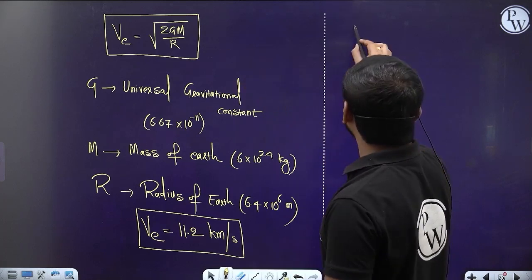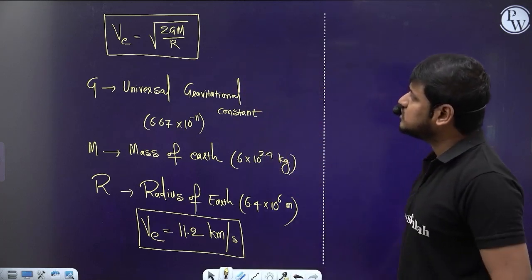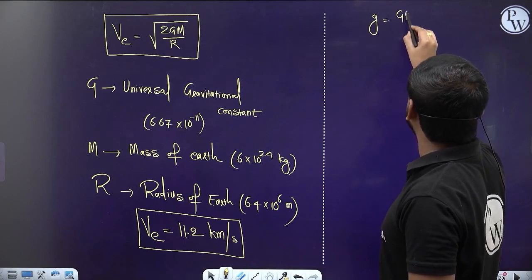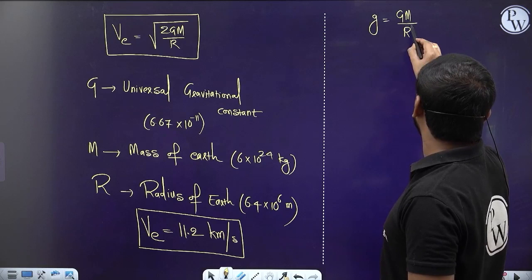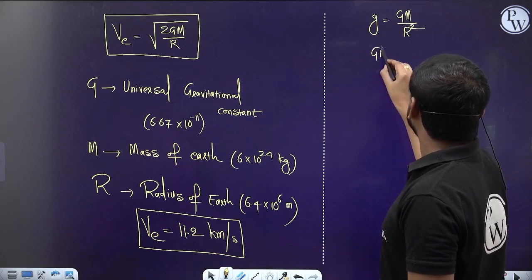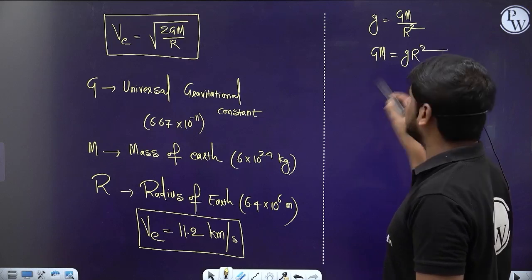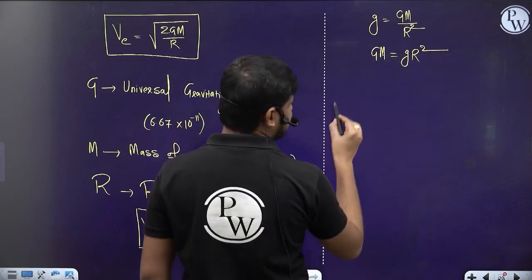You can also write this formula in terms of small g. How? We know that small g is equal to GM by R square, right? So from here, GM is equal to gR square. Now let's write the escape velocity formula.